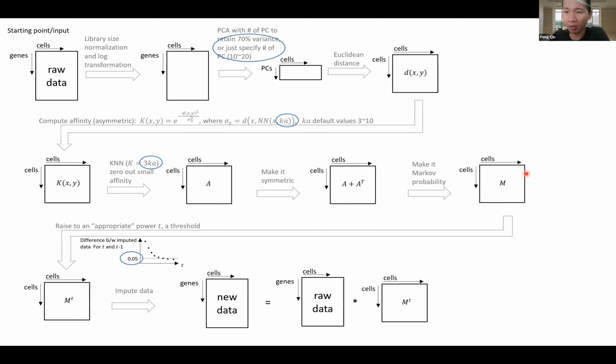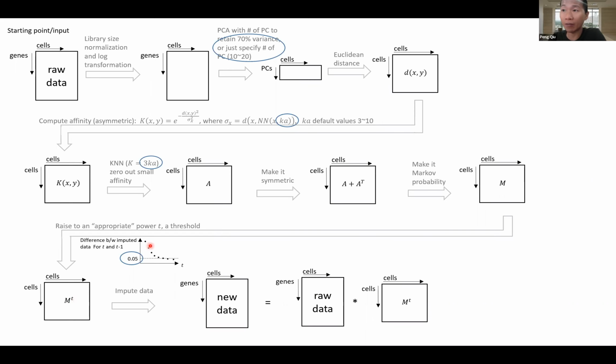In the DPT algorithm, they computed T tilde plus T tilde squared plus T tilde cubed all the way to T tilde raised to infinity power. In this paper, they only raise the T tilde matrix to a certain power t. They only consider t-step transition, not a cumulative effect of many different possible steps.